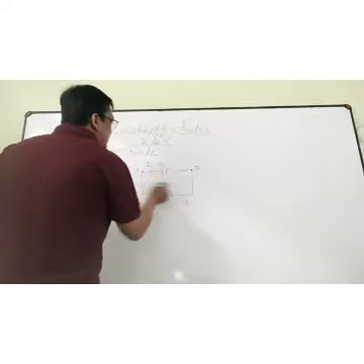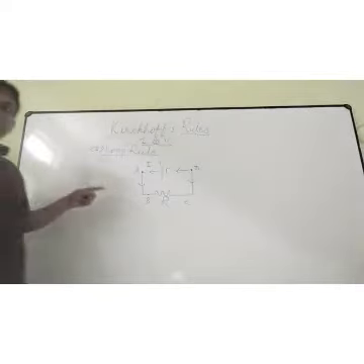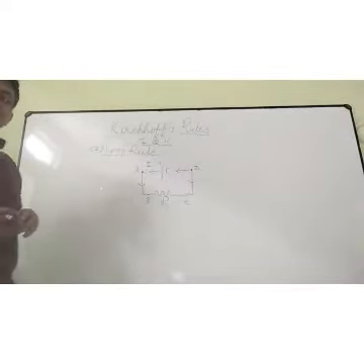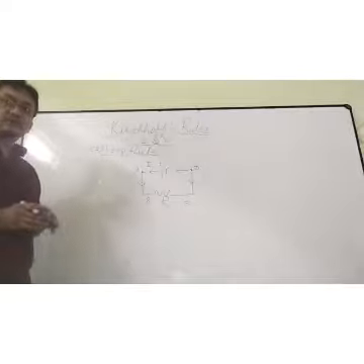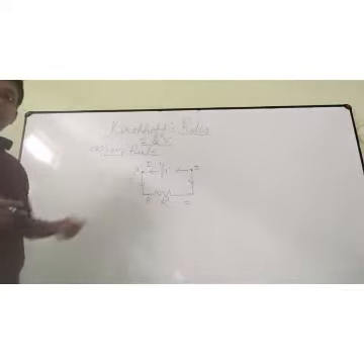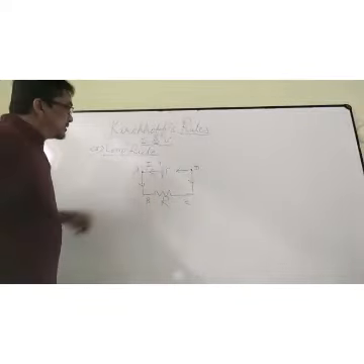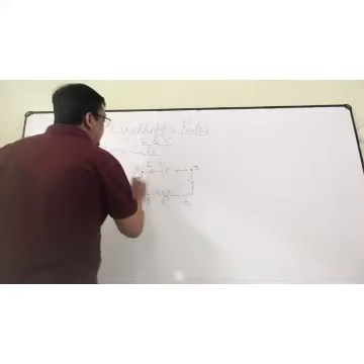So you can clearly see this is the loop. Loop means it is a closed circuit, which has resistance, a cell and many other components possible. When I say loop, its name will be the name of this loop.